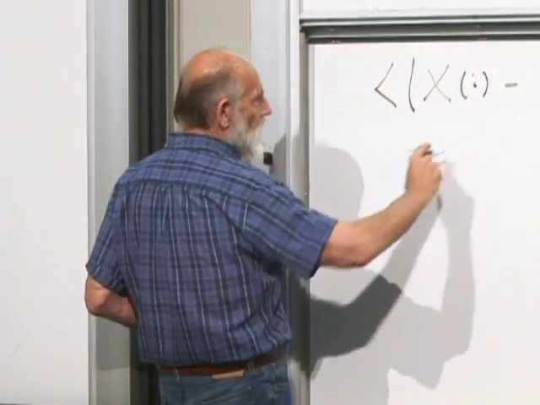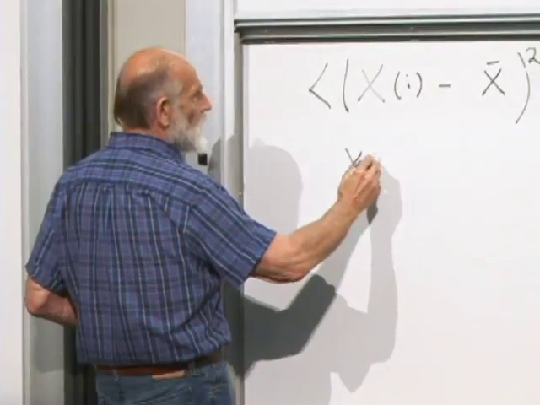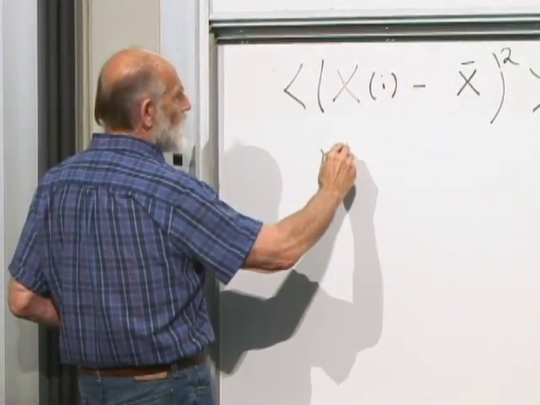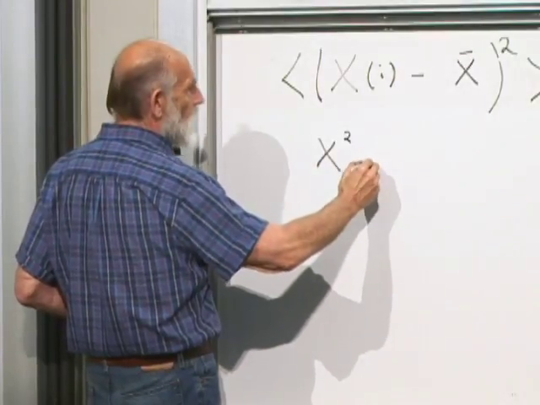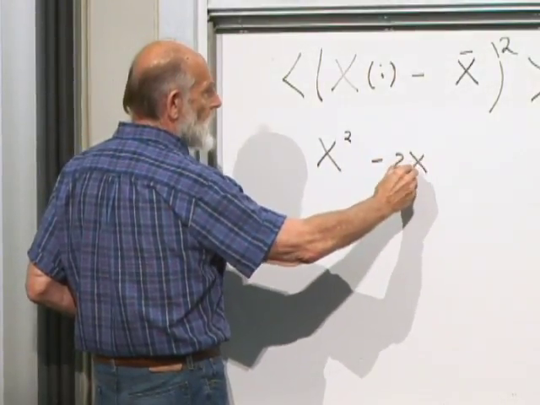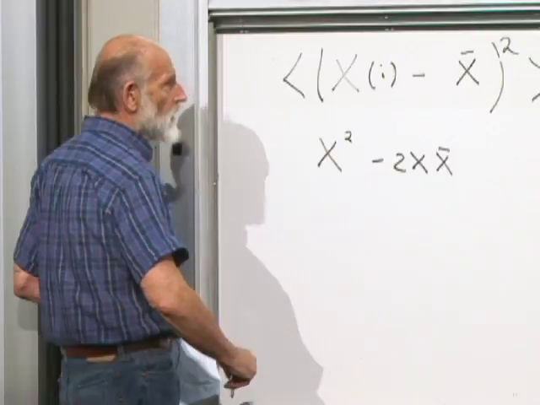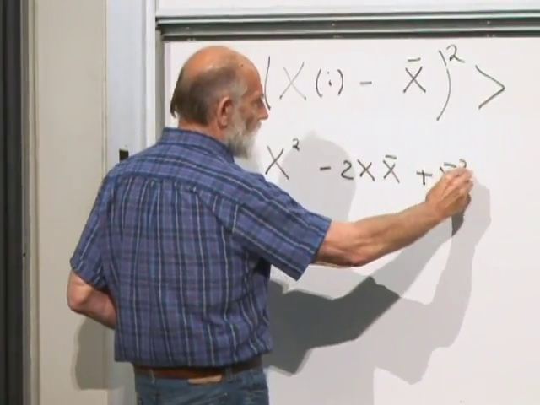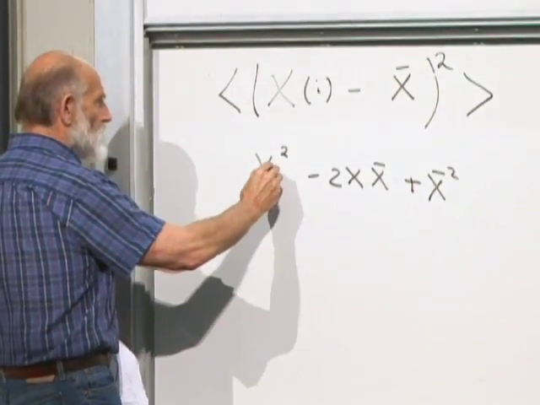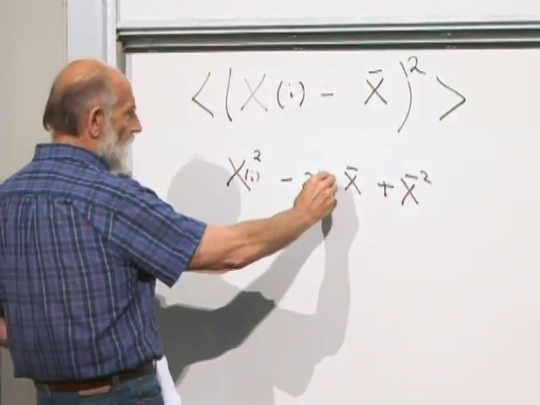First of all, let's take the thing inside the bracket. It's x squared minus twice x times x bar plus x bar squared. If you like, call this x of i.